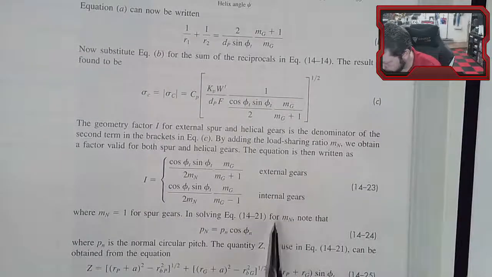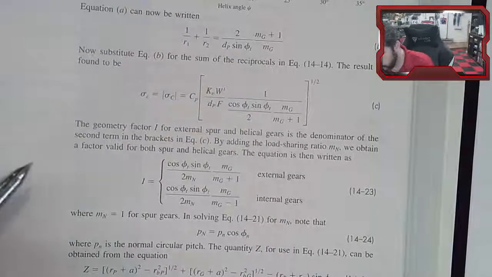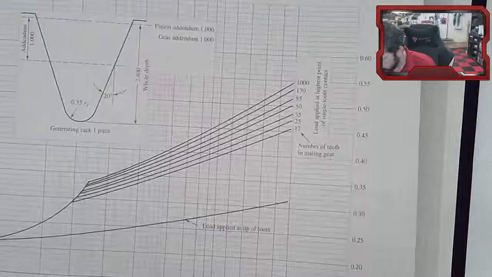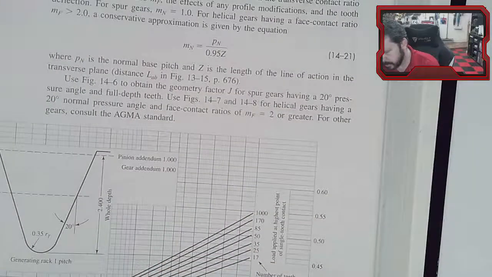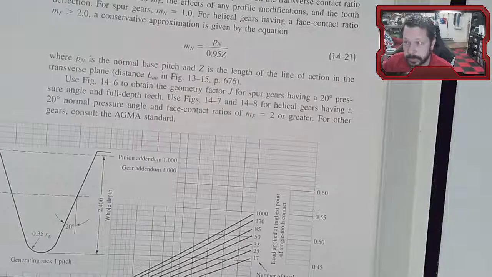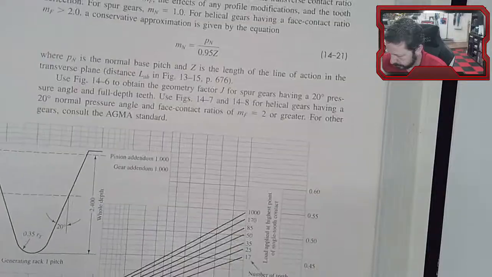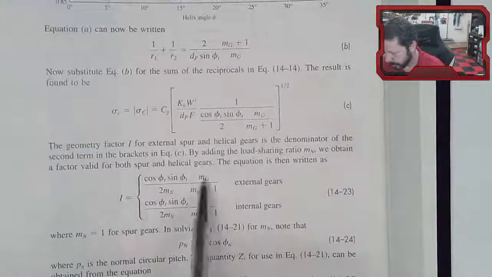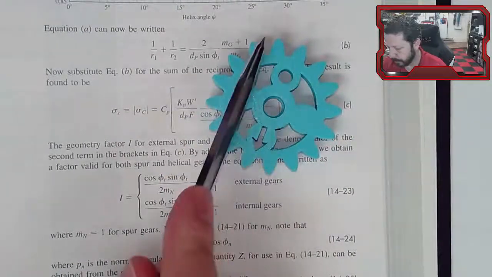Otherwise, for MN, 1421, which is a few pages over here, you could calculate a different number. But as long as you have a spur gear, you just use 1, which is what we have. So let's put this equation in for the geometry factor. And we're going to use the external gear equation because that is the one where the teeth point outwards.